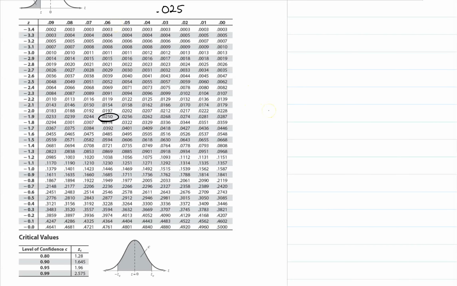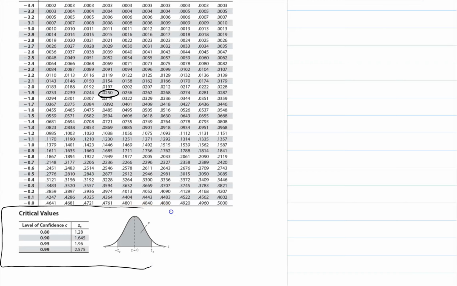When you have a two-tail test, you can use this section here at the bottom to find your critical values also. Remember, our alpha, our level of significance, is 5%, and so our level of confidence is 95%. So 95% level of confidence, it's right there, that tells us that our critical value is 1.96.